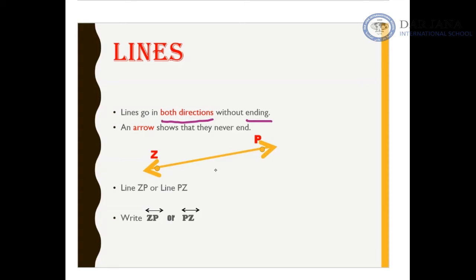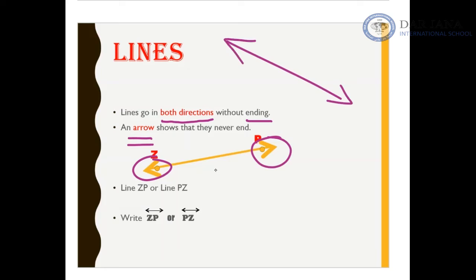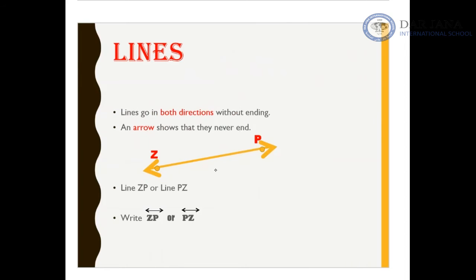How do I know that this is a line? You're going to notice that in its drawing, on both sides, I'm going to have an arrow. So this is a line. It can't stop from this side and it can't stop from this side. When I need to name that line, I need to put the following at the top of the name.